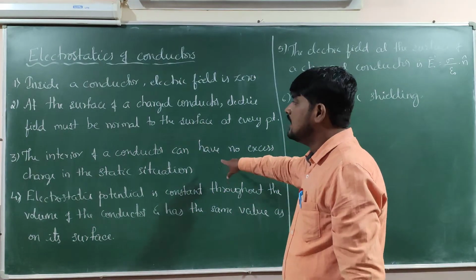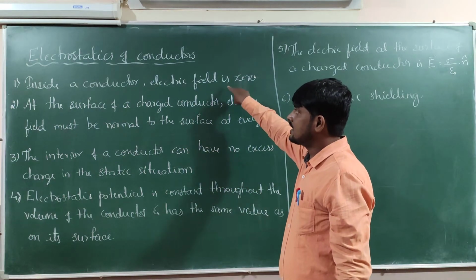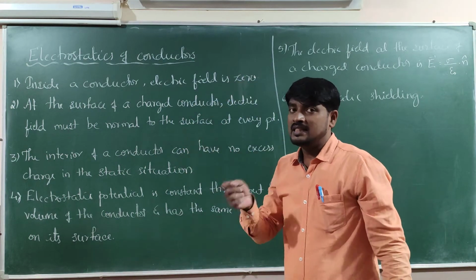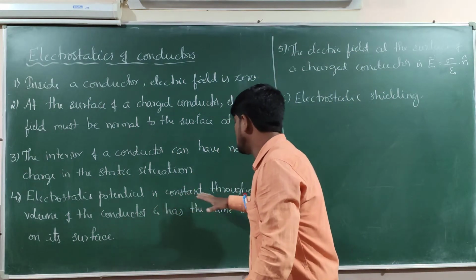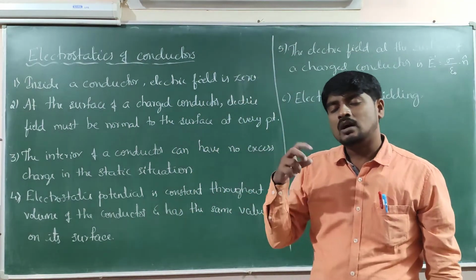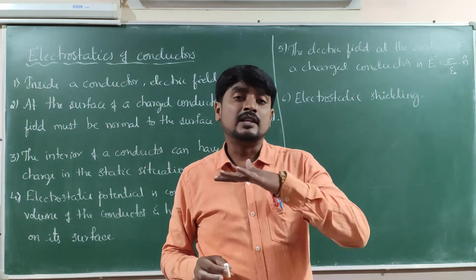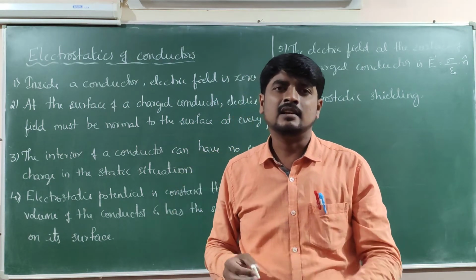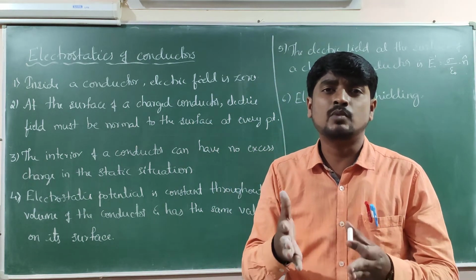If we say here, inside the conductor there is no excess charge. Inside the conductor electric field is zero. That means, even if we consider the electrostatic potential inside the conductor, there is no potential inside the conductor, hence no work is done. At what condition do we say there is a potential?